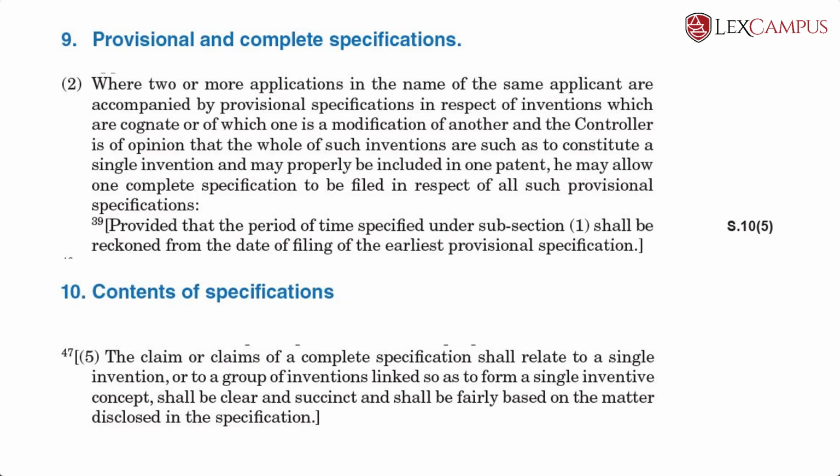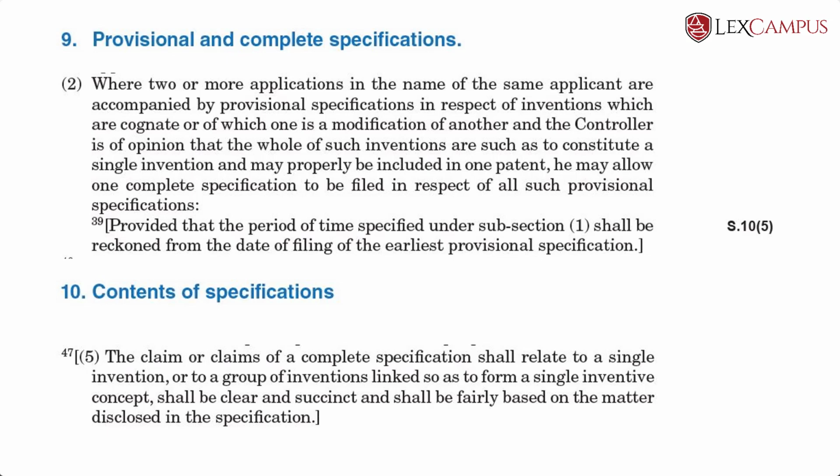Now, if the controller feels that all these three provisional applications cover the same invention but different aspects of it, and if the controller is of the opinion that they all constitute a single invention, then the controller can allow the applicant to file one complete to cover the three provisionals.